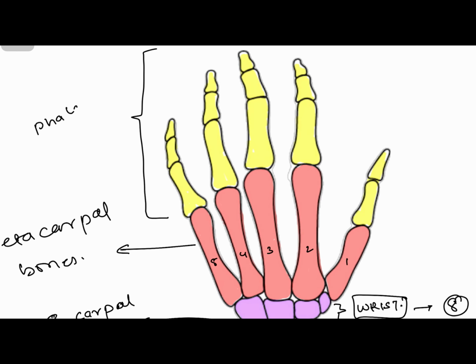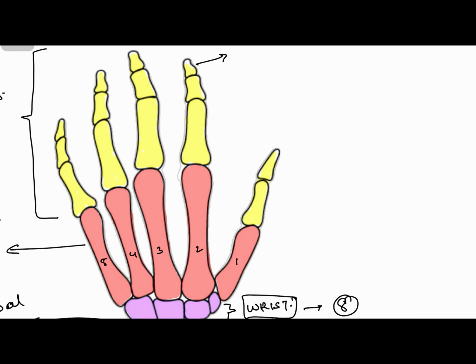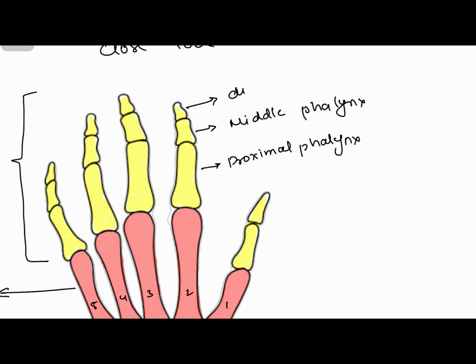These are the phalanges. They have 3 different parts: proximal phalanx, middle phalanx, and distal phalanx.